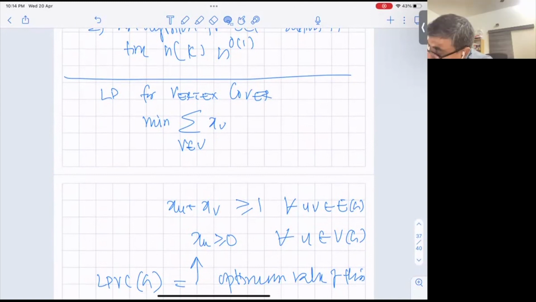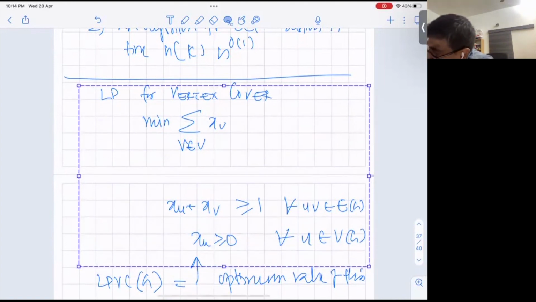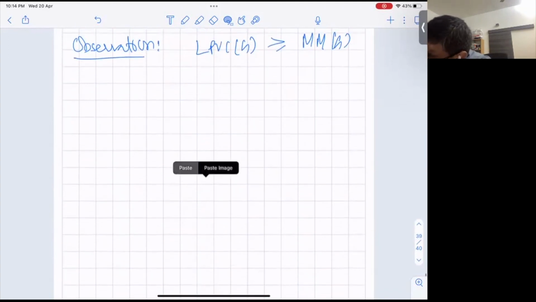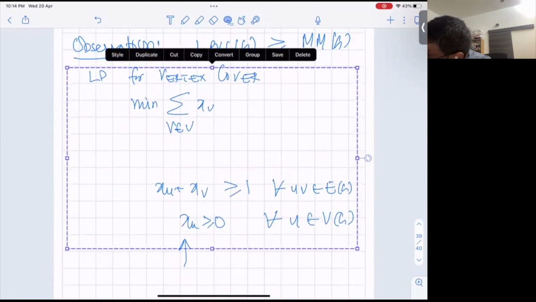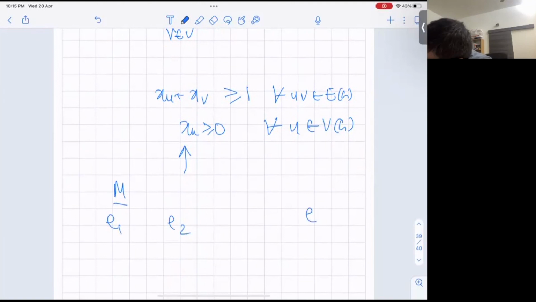Okay, so look at this constraint. It's very nice. What he's saying is that look at this edge constraint. Let's fix a matching M with edges E1, E2, up to Eq, where E1 is U1 V1, U2 V2, up to Uq Vq.